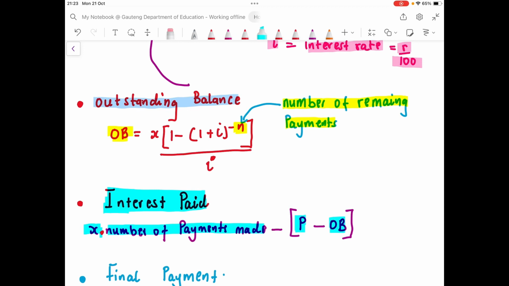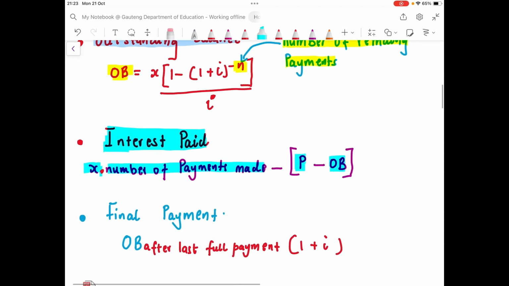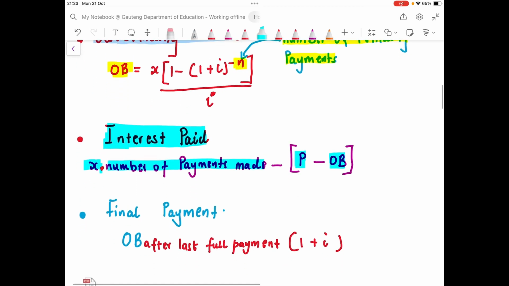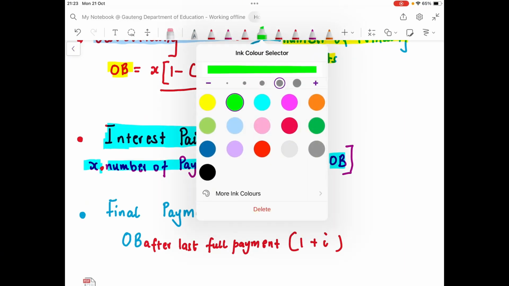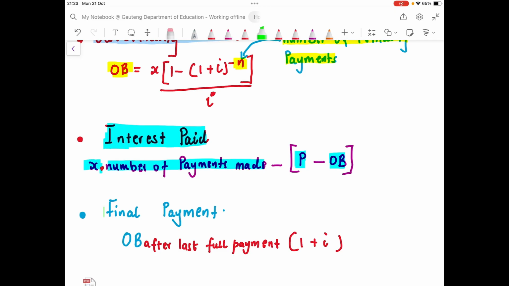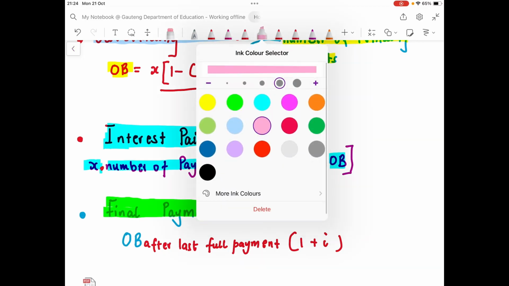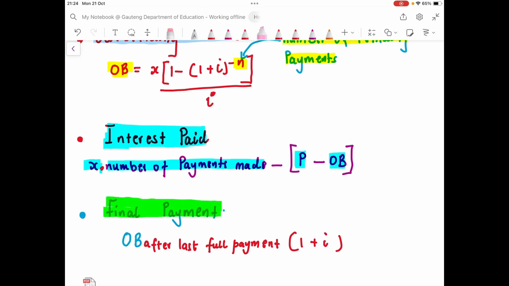Okay, that is your interest. And then you also need to remember how to calculate the final payment. To calculate the final payment, you need to first find the outstanding balance immediately after the last full payment.